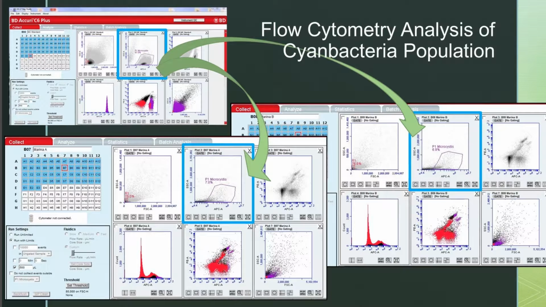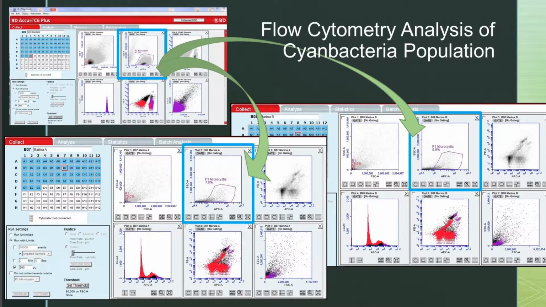Each of those standards I would gate around, and then you can project that standard's location as it fluoresces onto all of your other samples and get percentages of the cells that you're looking for. My original standard that I showed you was almost 100% Microcystis.